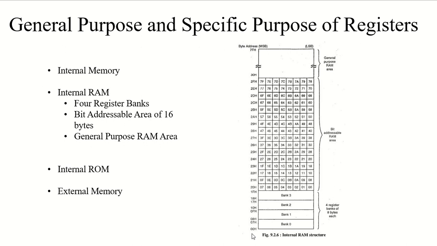So in total there are 32 bytes, or 32 working registers from address 00H to 1FH, which are organized as 4 register banks. And for selecting a register bank, 2 bits RS0 and RS1 are provided in the program status word, or PSW. With the help of PSW, you would be able to select the register bank of your choice.